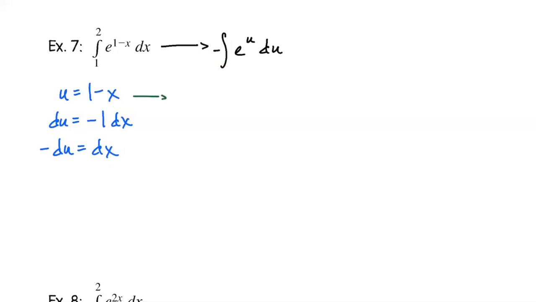So to find the u numbers, u of 1 equals 1 minus 1, which is 0. That means the bottom number is 0. U of 2 is 1 minus 2, which is negative 1. Means the top number is now negative 1.